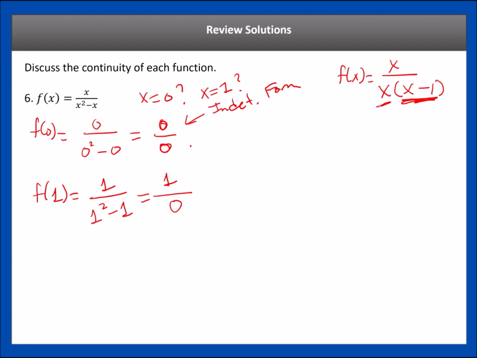So we have a hole at 0. However, for 1, we have an infinite discontinuity. So we have an asymptote here, in fact a vertical asymptote. Therefore, there's definitely a discontinuity there, an infinite discontinuity. There's a discontinuity at 0 as well, but it's going to be a hole.